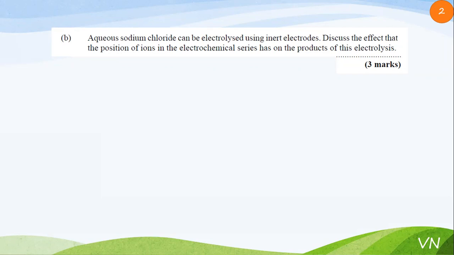So the first statement we want to make is what is the effect of the position of ions in the electrochemical series in terms of which one is being discharged. We probably talked about that earlier already. Is it lower in the series that those ions are going to be discharged, or the ions that are at the top of the series?